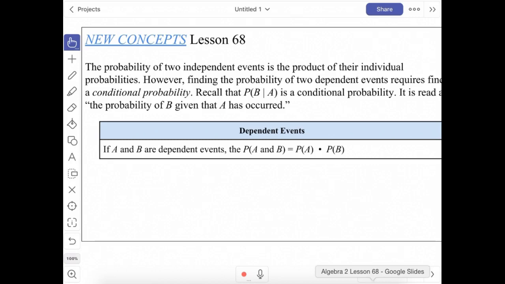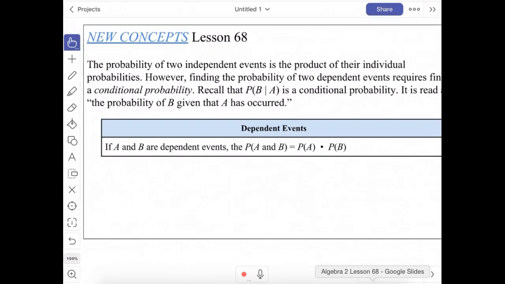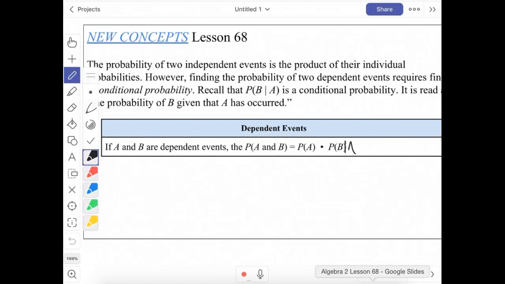It is read as the probability of B given that A has occurred. If A and B are dependent events, the probability of A and B is equal to the probability of A times the probability of B given A.